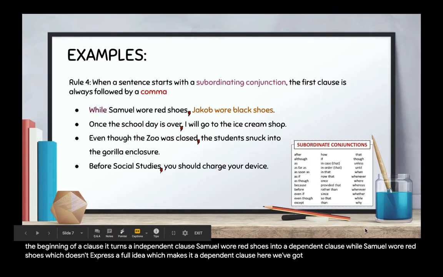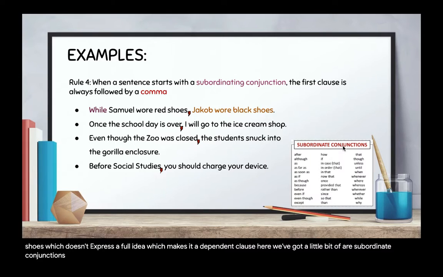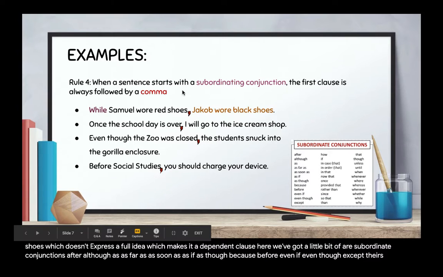Here we've got a little bit of our subordinating conjunctions: after, although, as far as, as soon as, if, as though, because, before, even if, even though, except. And there's many of them.